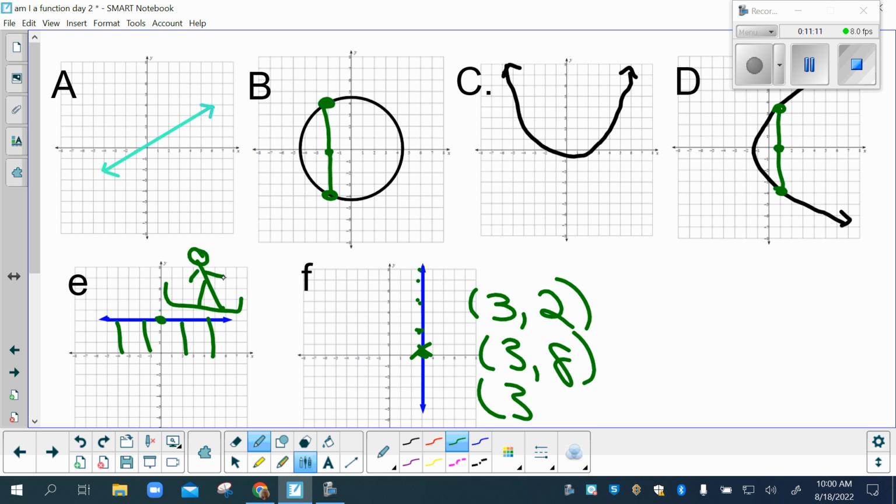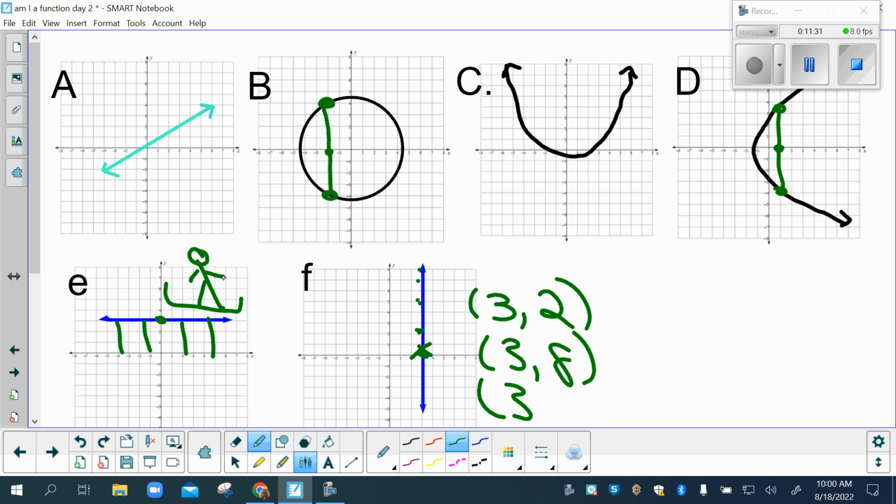And because Jackson and I were talking, you're going to plug in 3, maybe you're going to get 2, maybe you're going to get 8, maybe you're going to get 57. He is not a function. So think in your head: flat, horizontal lines are good, they have a slope of 0. Up and down lines are bad, they're undefined.